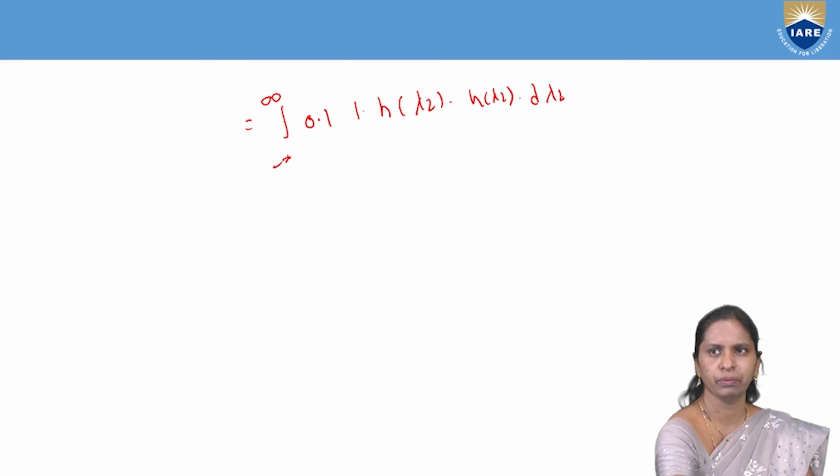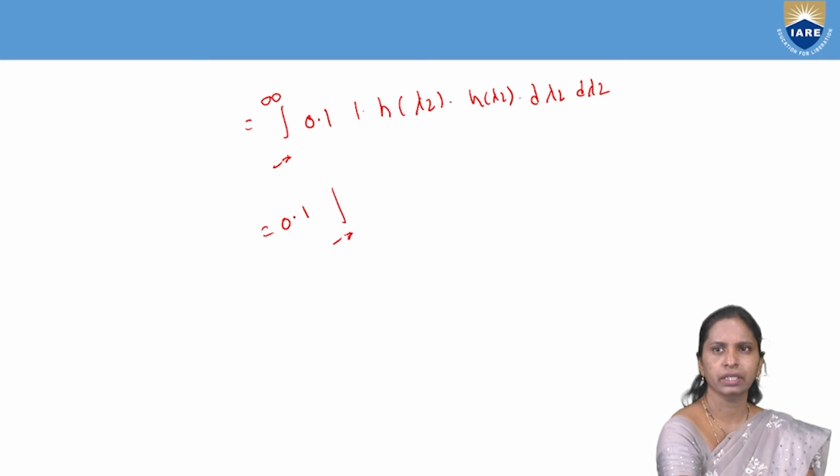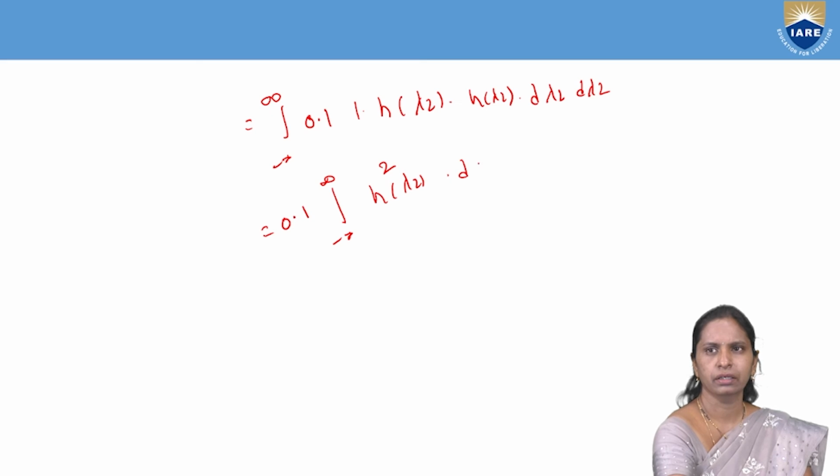In place of lambda 1 I replace lambda 2, so that equals 0.1, and you can bring it outside, integration from minus infinity of h of lambda 2 square d lambda 2, because lambda 1 equals lambda 2.